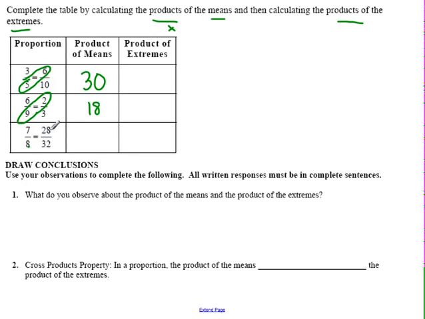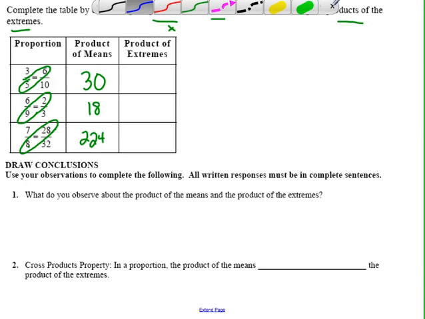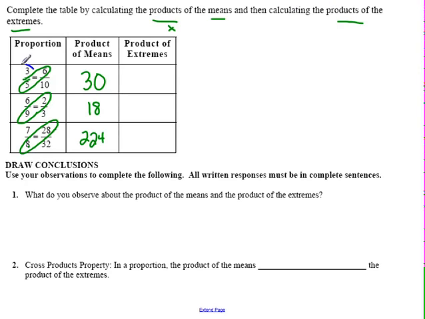And here we have 8 times 28, which is 224. Next I'll switch colors so we can tell the difference, and we'll work with the extremes. 3 times 10, also 30. 3 times 6, also 18. And 7 times 32 is 224.